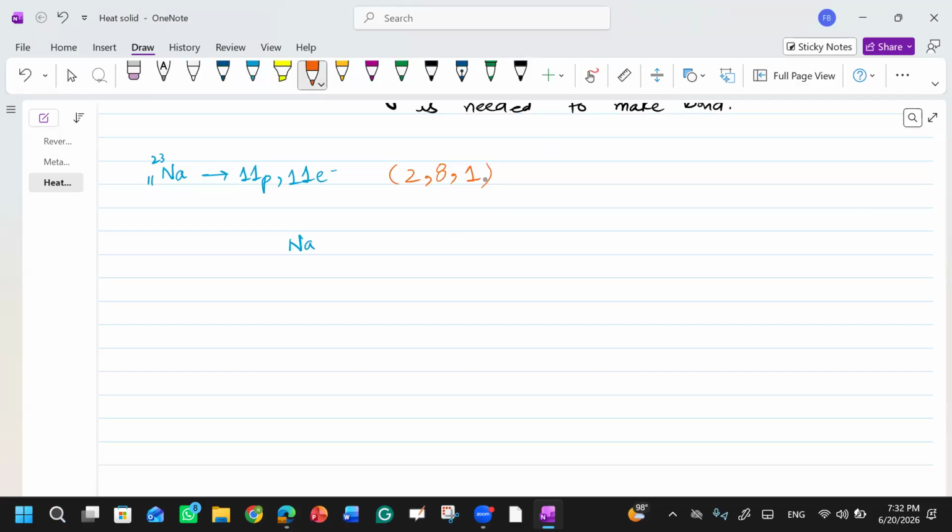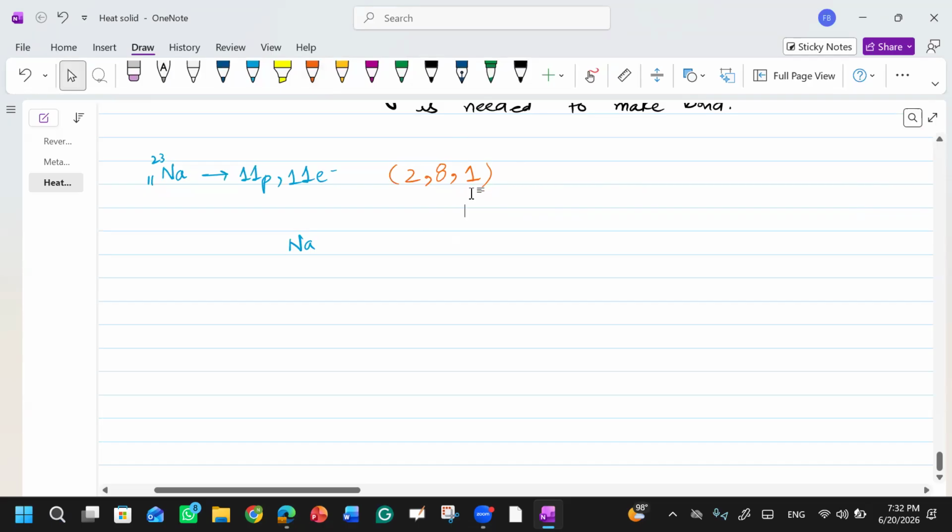Now what is easy for sodium? You see, in the last shell there is 1 electron. It is not easy for sodium to gain 7 electrons. No other element will give 7 electrons to sodium. It is not possible. What is the possibility? To follow the octet rule, the sodium can lose this electron.